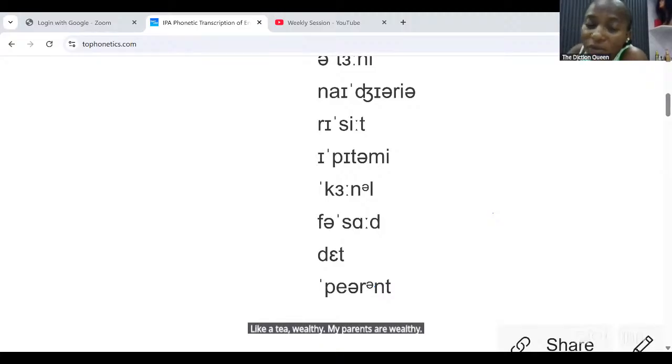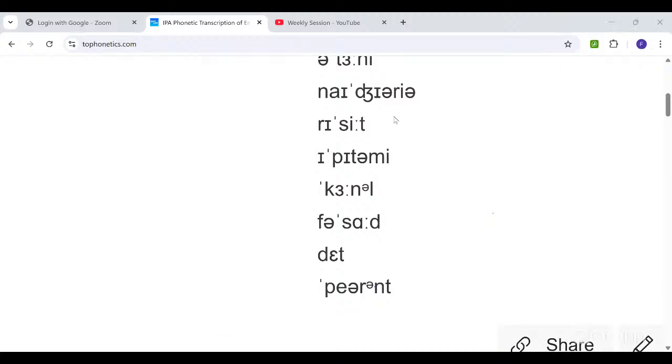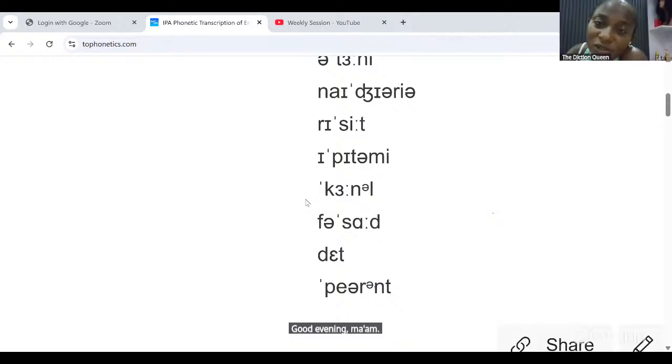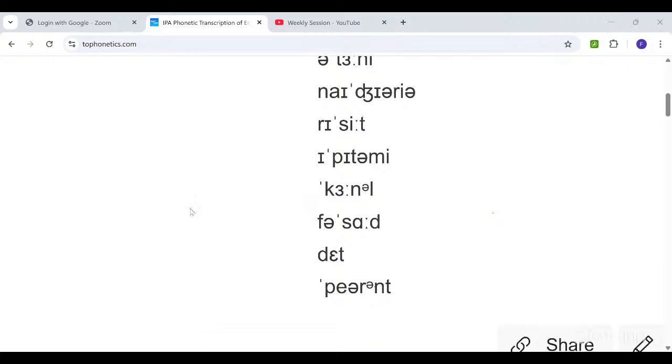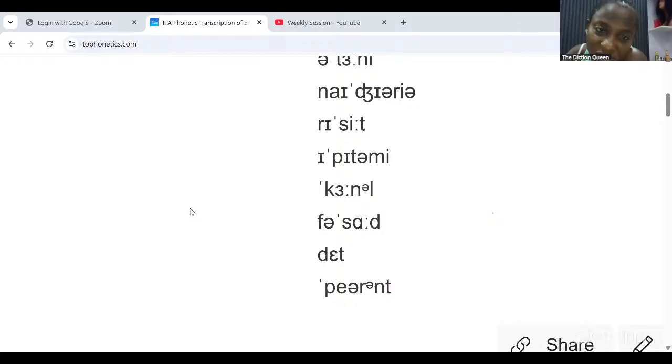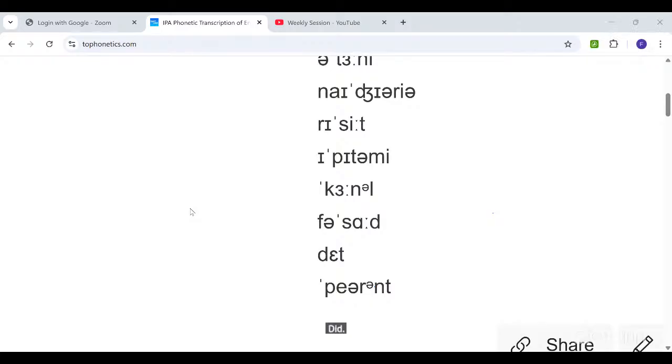Oluwafemi, good evening. Please pronounce the last two words and make a sentence with one of them. Debt. Parent. My parents are good parents.